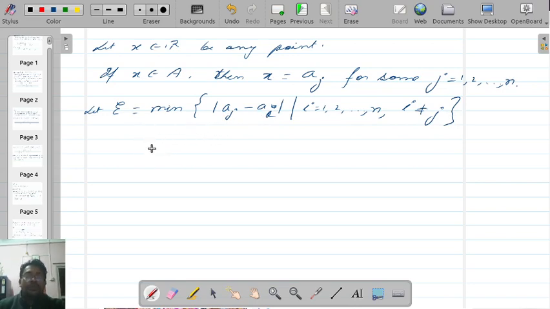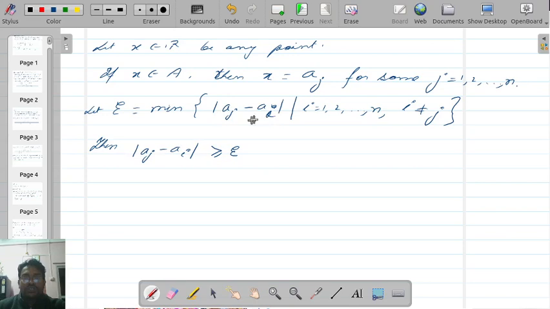So if we take the epsilon neighborhood of a_j, from a_j minus epsilon to a_j plus epsilon, that neighborhood will not contain any of these points a_i. Mod of a_j minus a_i is always greater than or equal to epsilon, because epsilon is the minimum of this collection.